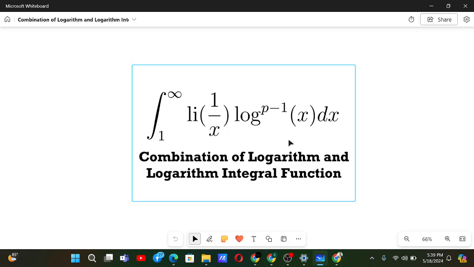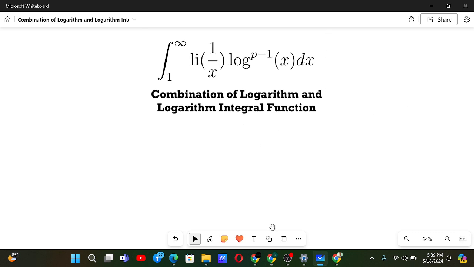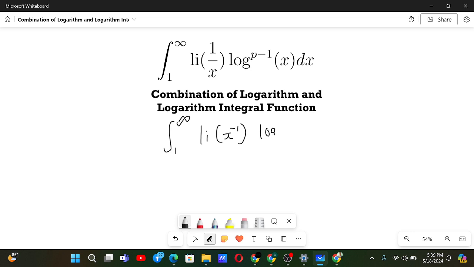Combination of logarithm and logarithm integral functions. So we have this integral from 1 to infinity of Li of x to the power minus 1, log of p to the power minus 1, and x dx.